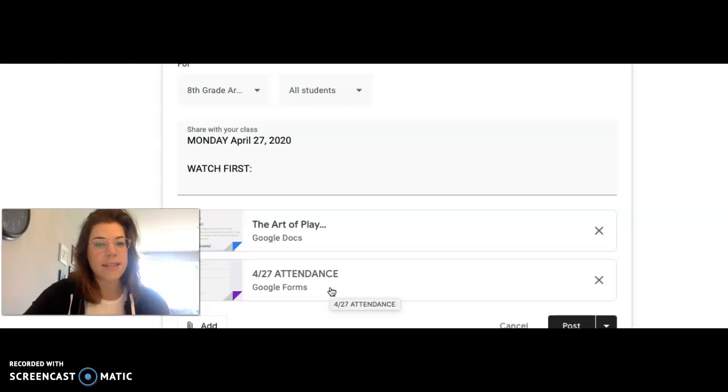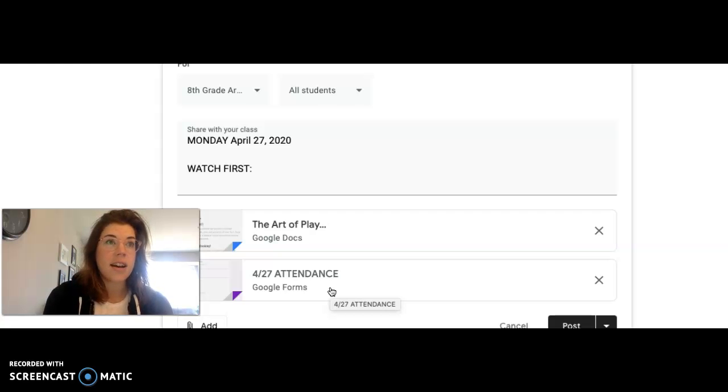Tomorrow, like I said, anticipate another Google form being shared with you where you can upload your evidence of your activity. Again, the more information you can share in that evidence with me, the easier it is for me to give you the points that you deserve. I'm going to remind you that if you do an Art of Play activity and you share one final photo of what you've done, that can be really hard for me to understand what process you took in the activity.